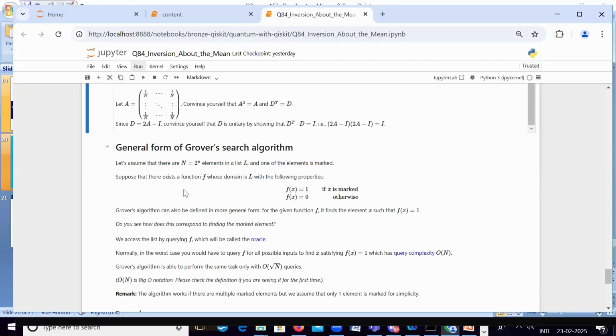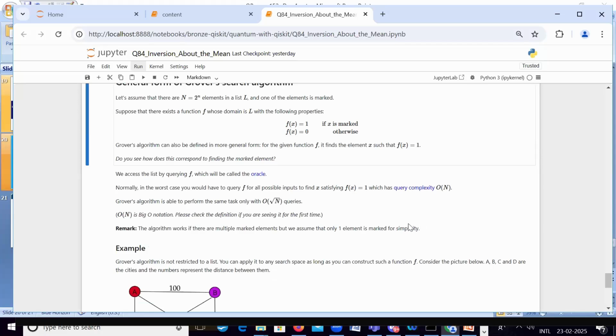Suppose that there is a function f whose domain is within this given list, with the following property: f(x) gives 1 if it is marked, and f(x) gives 0 otherwise, meaning if it is not marked. This marking is done by the kickback function in the further operation.